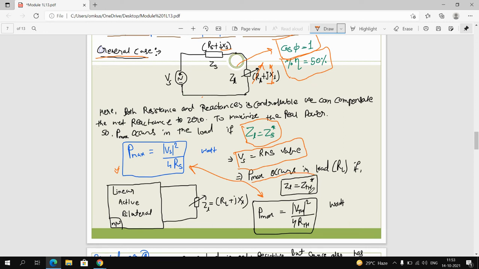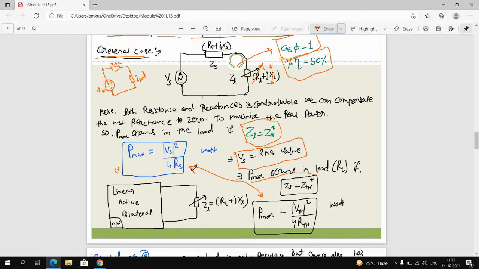Your load impedance must be the conjugate of the Thevenin's impedance, and Thevenin's impedance is nothing but your source impedance, right? See what the Thevenin's equivalent circuit is: Vth, Zth, in series combination with your load. This is the load.